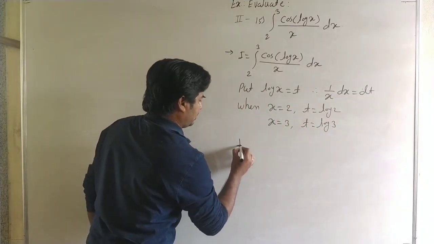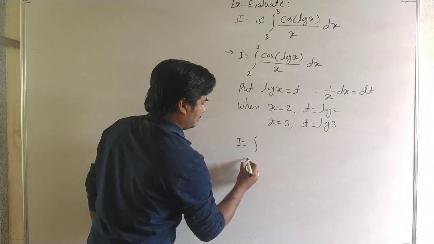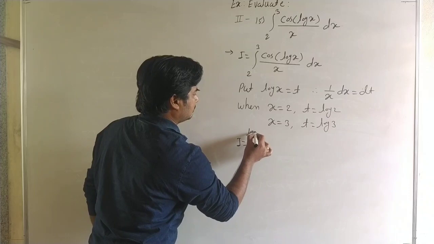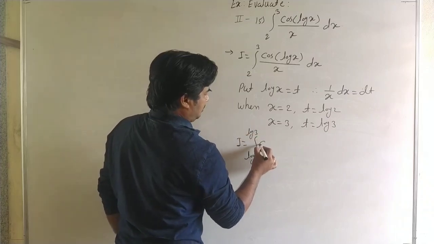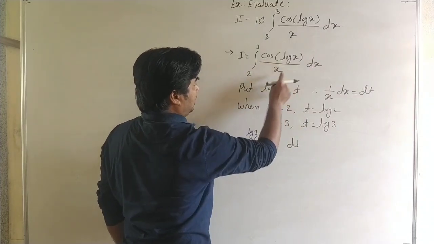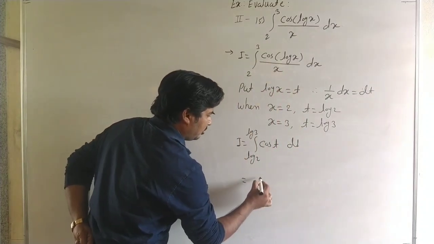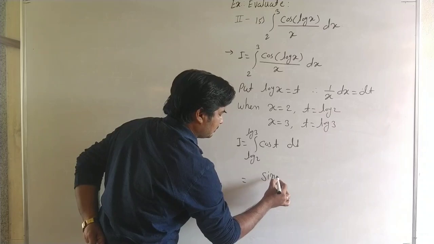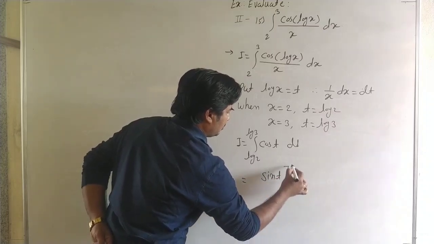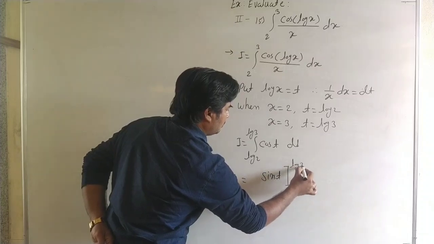Now the integral from log 2 to log 3 of cos t dt. And now the integral of cos t is sin t, and the limit is log 2 to log 3.